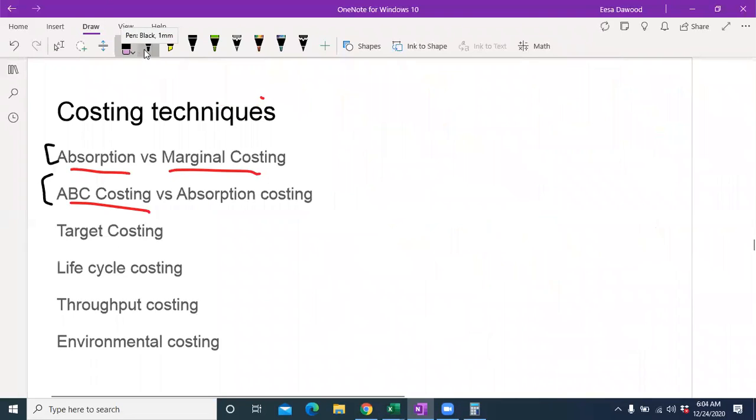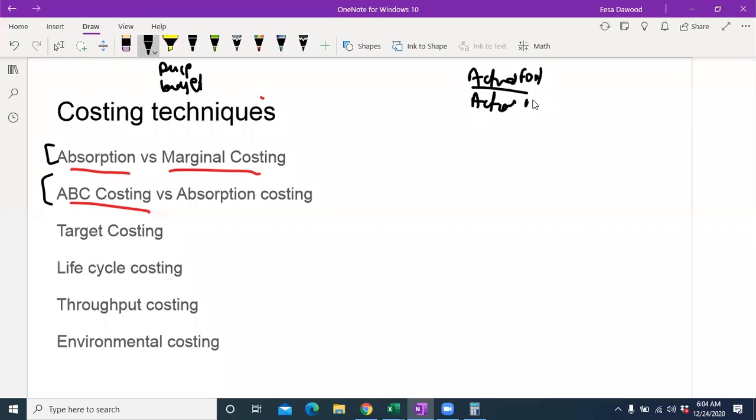Predetermined, because until the end of the accounting period we will not know our actual fixed overhead. But definitely we need to set our prices and our budget. So instead of waiting until the end of the period for actual fixed overhead and actual activity level and coming up with an actual rate, we absorb overhead, because we have to do the inventory valuation as well, based upon the budgeted overhead absorption rate.